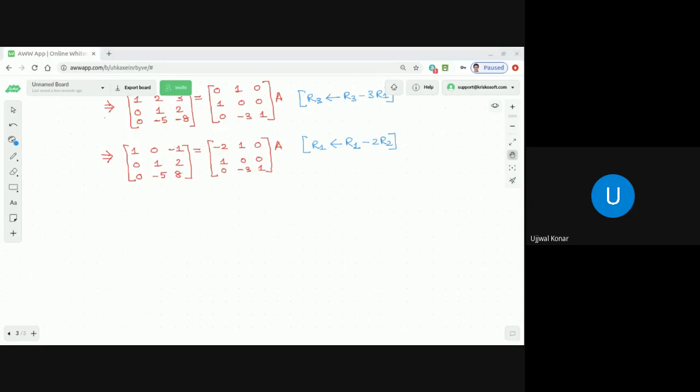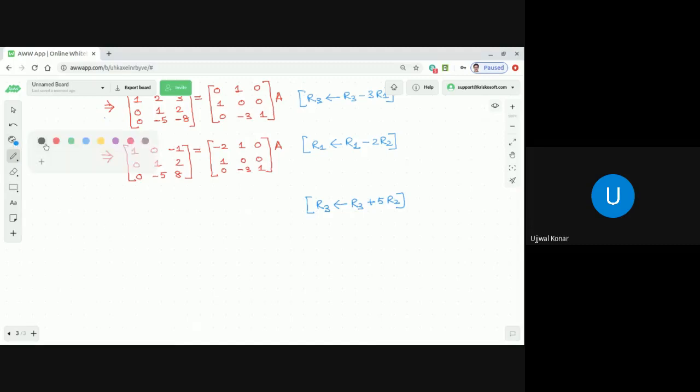Now I'm thinking of the operation R3 is R3 plus 5 R2. So let me write it down first: the new R3 is R3 plus 5 into R2.